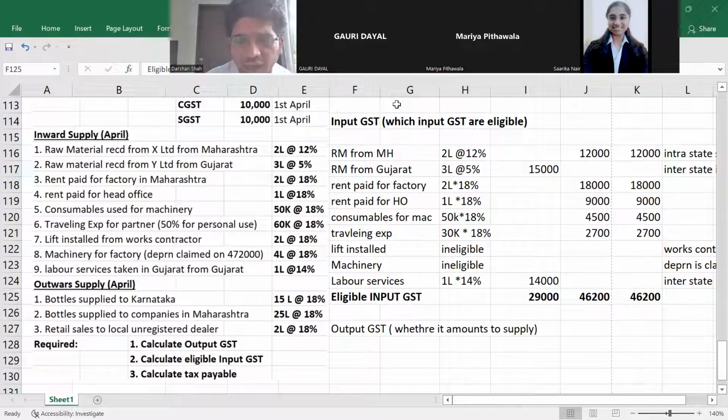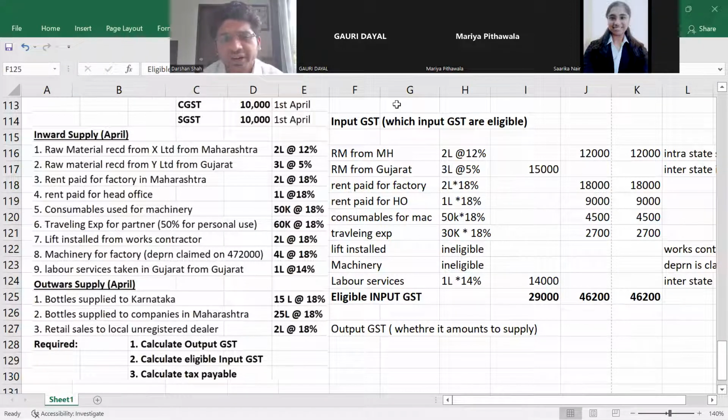You guys don't have case laws. So you just write an assumption that lift will become part of immovable property, and therefore ITC on lift will be ineligible. I don't want any more confusion on this, because it needs a lot of understanding of case laws to interpret this.